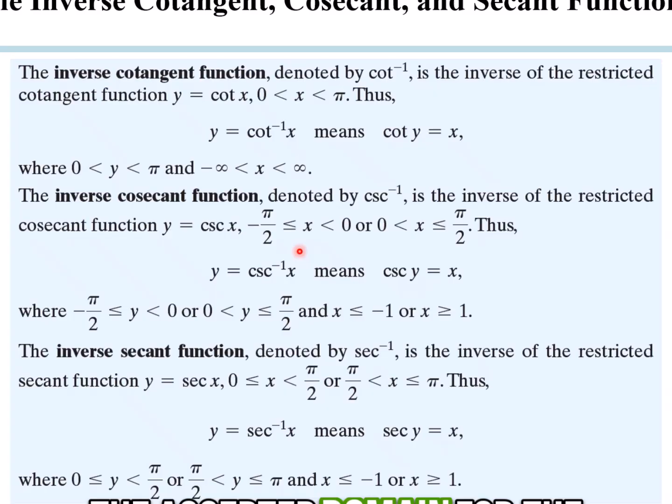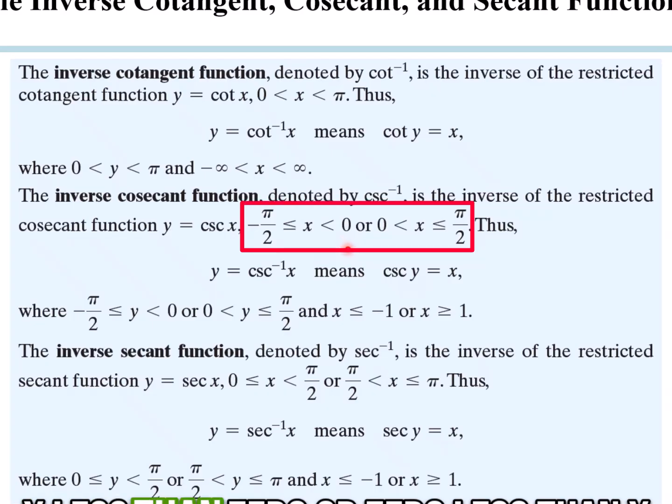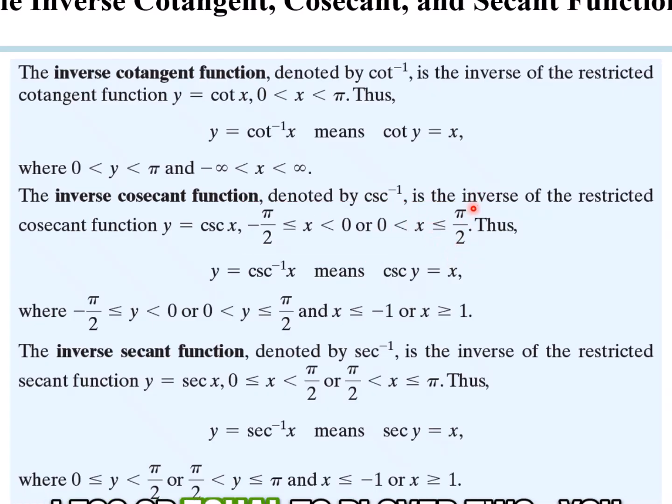The accepted domain for the cosecant function would be -π/2 less than or equal to x less than 0, or 0 less than x less than or equal to π/2. You have to remember that over here, "or" means the union of these two intervals of values.